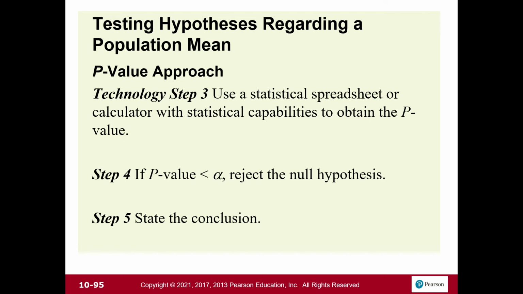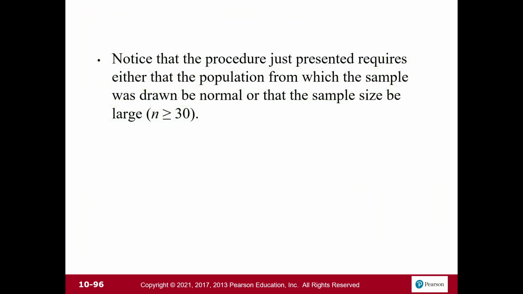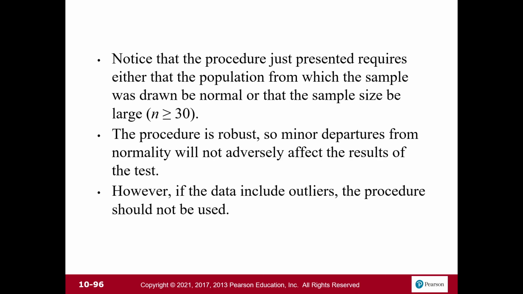And then step 5, you'll state your conclusion there, okay? So notice that the procedure just presented requires either the population from which the sample is drawn to be normal or the sample size to be large. The procedure is robust, so minor departures from normality will not adversely affect the results of the test. However, if the data includes outliers, the procedure should not be used.